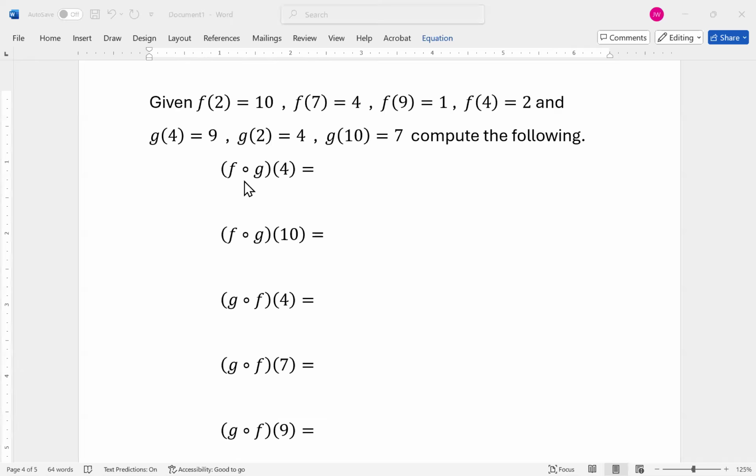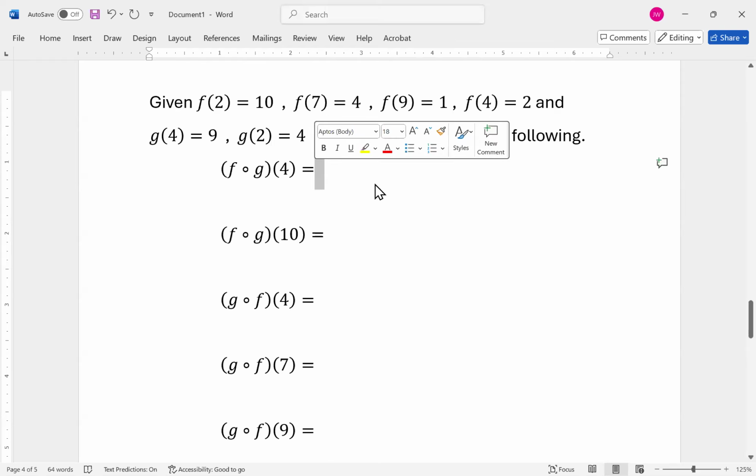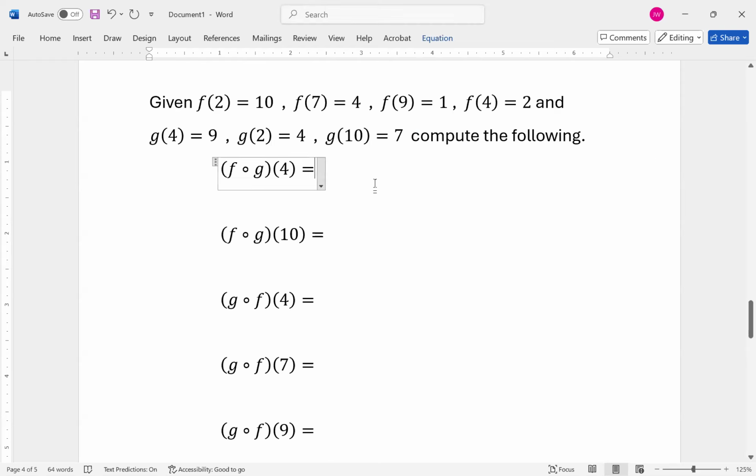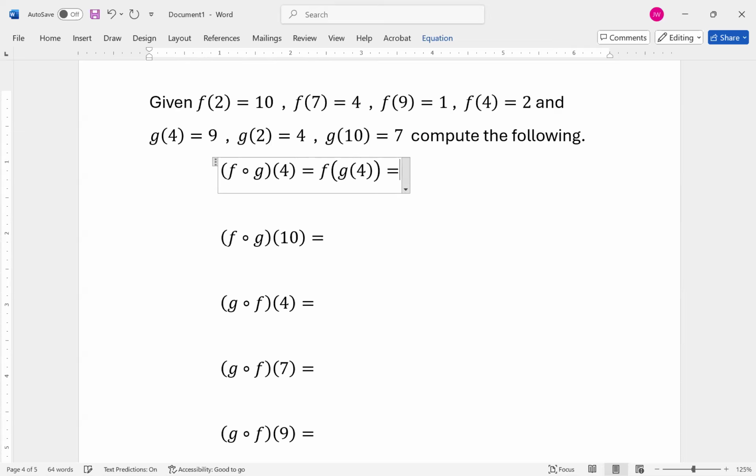The first composition that we'll do is f of g of 4. That's going to require me to start by inputting 4 into the function g. So I go and look up my function g. Now these are not the same f and g as I had before. These are just random f's and g's. So g sends 4 to 9.